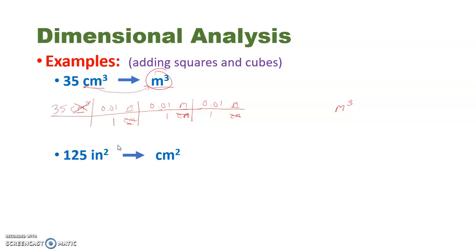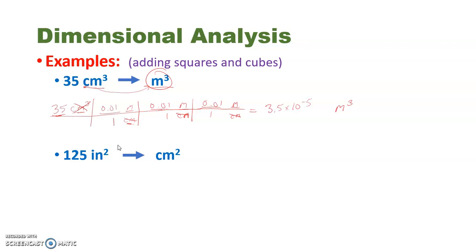Now what I do is I just take this number, multiply it by this, times this, times this. And if you do that, it ends up getting you 3.5 times 10 to the negative 5.